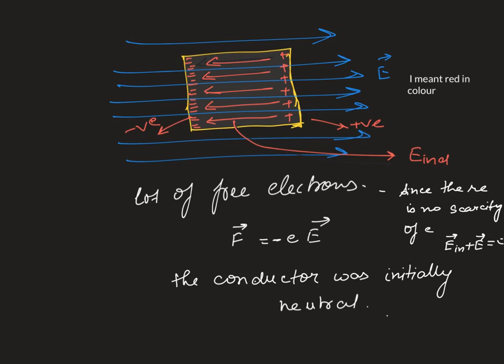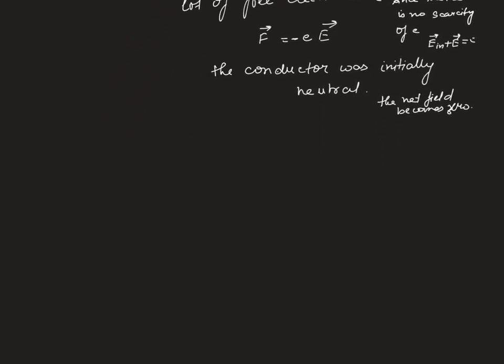Or we can say that the net field becomes 0. And that is the most important property of a conductor, property number 1. That is the first property. The most important property in a conductor is that the net field inside the conductor will be equal to 0. And we must remember that we are not talking about the original field or the induced field.